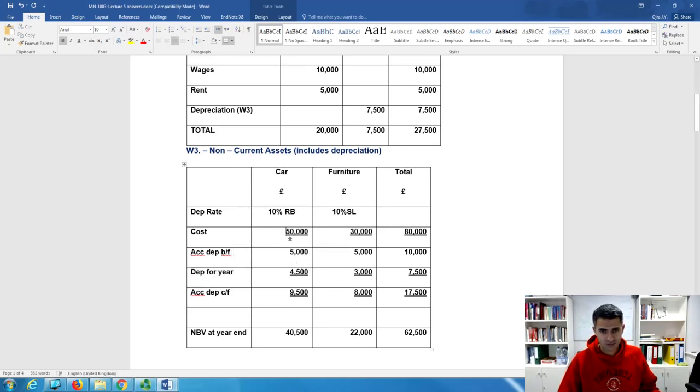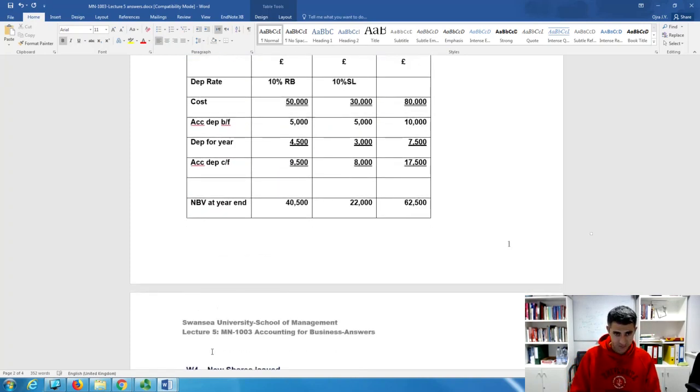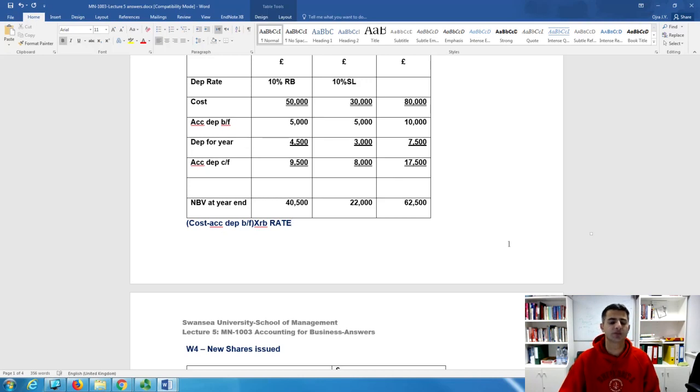Look, the formula you need to follow in order to calculate depreciation using the reducing balance method is, let me write it down: cost minus accumulated depreciation brought forward, multiplied by the reducing balance rate. Here we go.